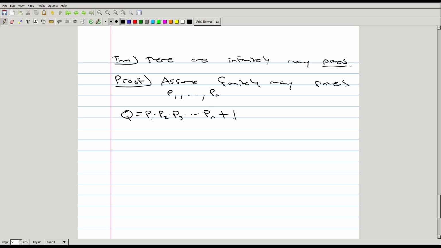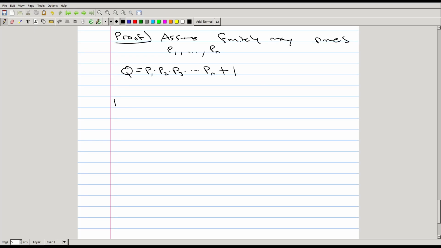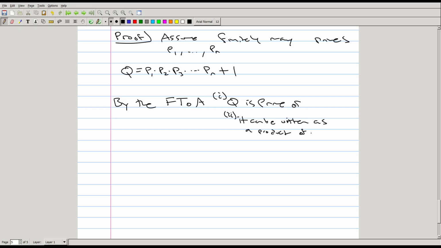We have that by the fundamental theorem of arithmetic, Q is prime or it can be written as a product of primes in non-decreasing order.